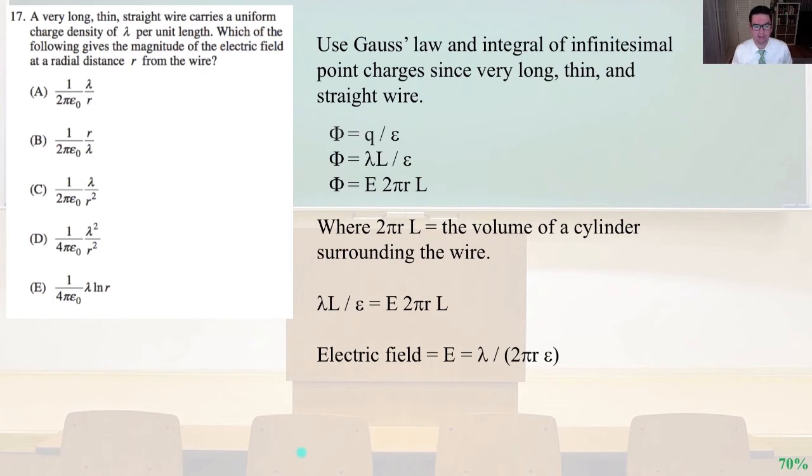Phi equals lambda L, which is our linear charge density, lambda L divided by epsilon, and that is going to equal the electric field times 2 pi r L, where 2 pi r L is the area of a cylinder surrounding the wire. So lambda L divided by epsilon equals the electric field times 2 pi r L. So therefore electric field E equals lambda divided by 2 pi r times epsilon. And that is answer A.